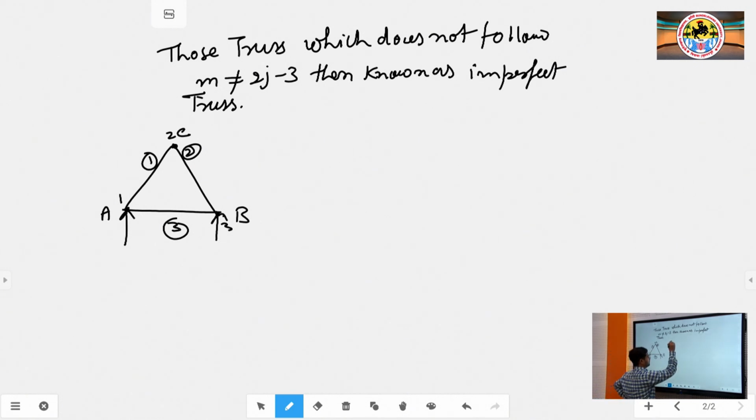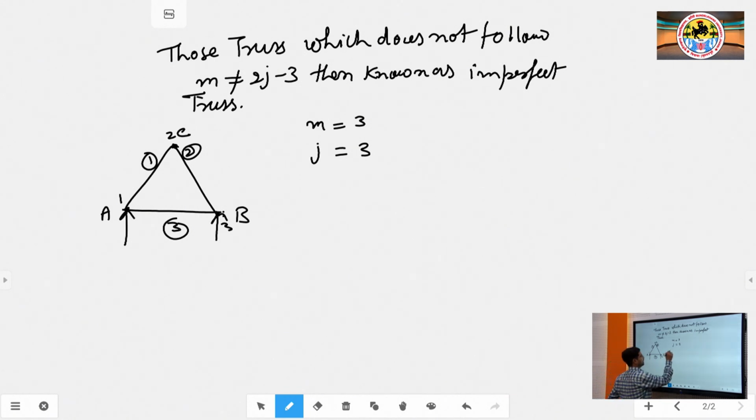So, here the value of m is 3, and what is the value of j? From this example, 1, 2 and 3 joints are there, so it will become 3.